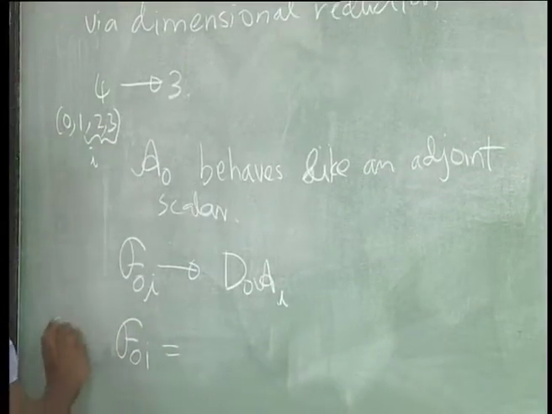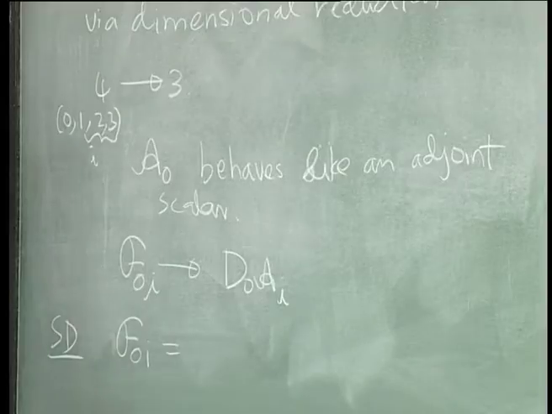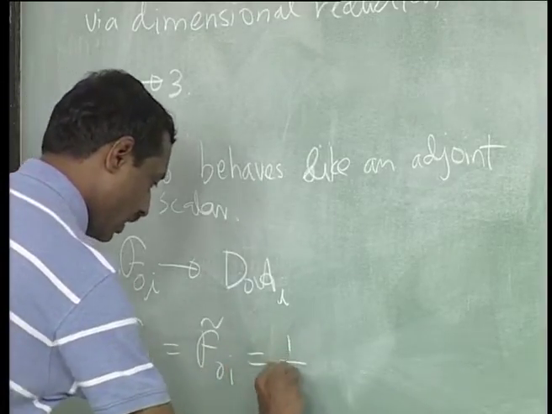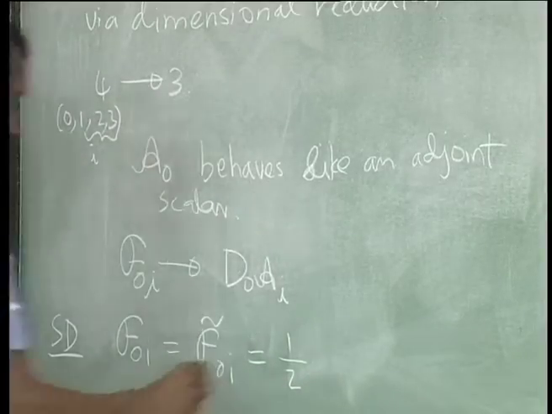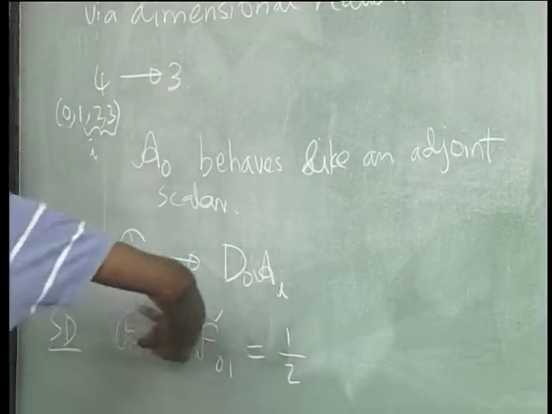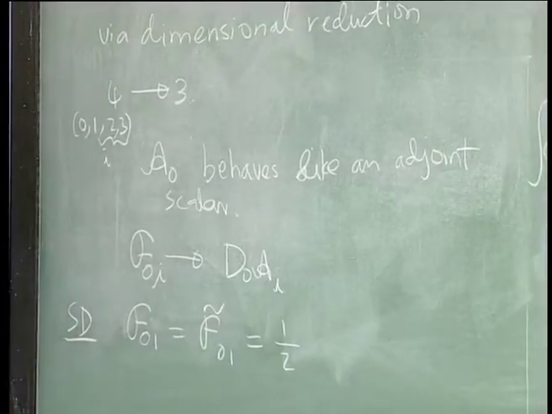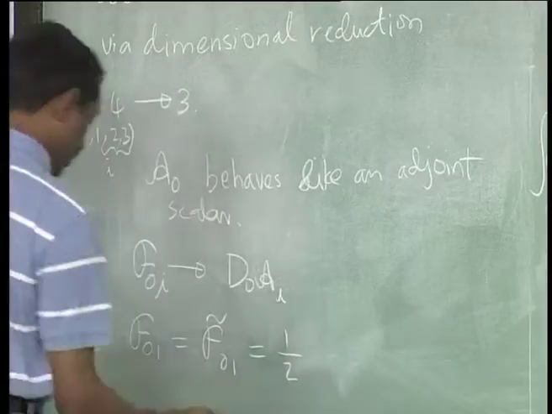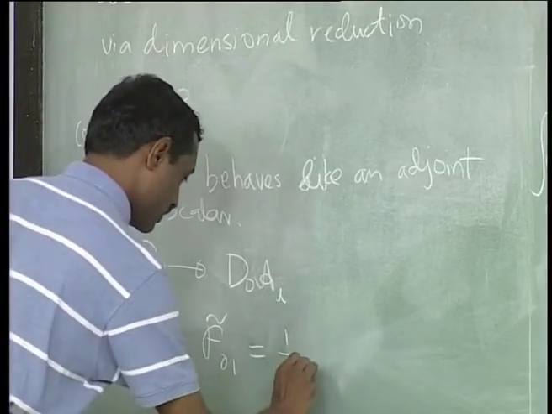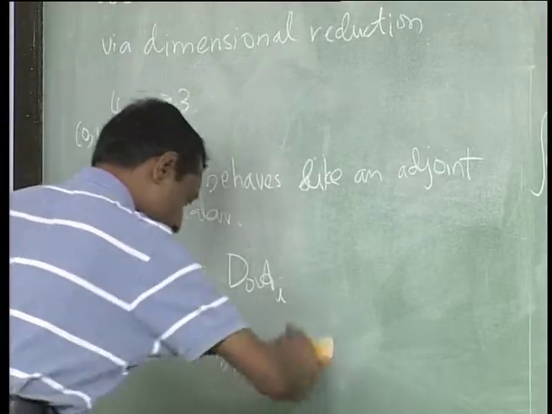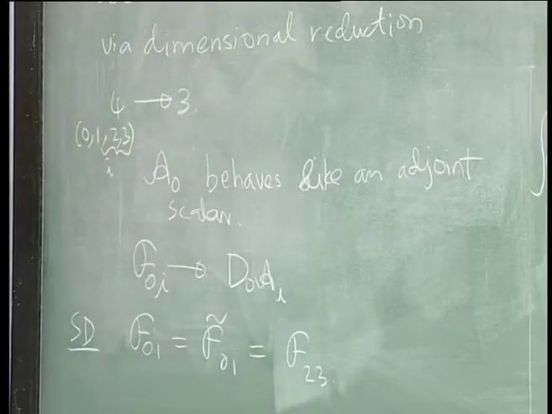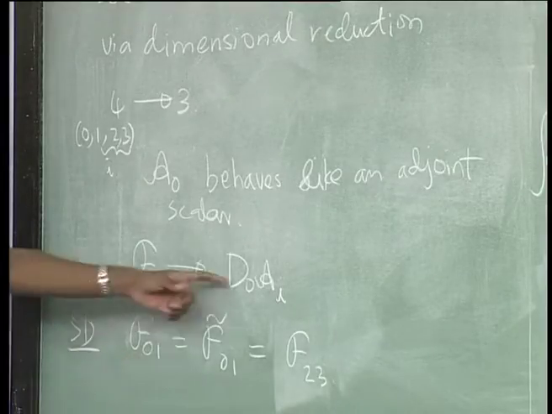for self dual equations, F0I is equal to F tilde 0I, which is equal to half. Let us take F01 just to be concrete, others will just follow. We will get half of epsilon 0123, so the half will go away, and this just becomes F23. But what is F01? It is this thing.